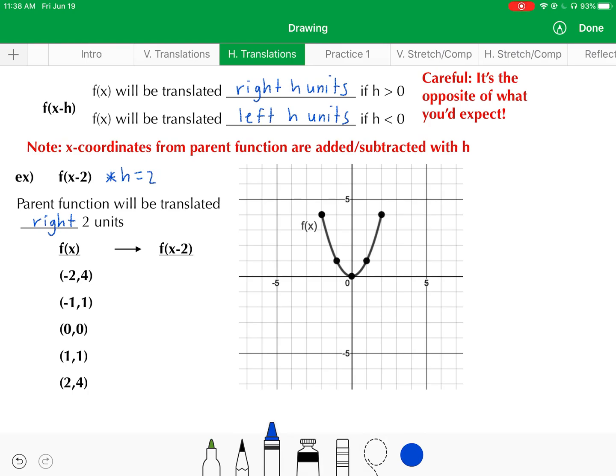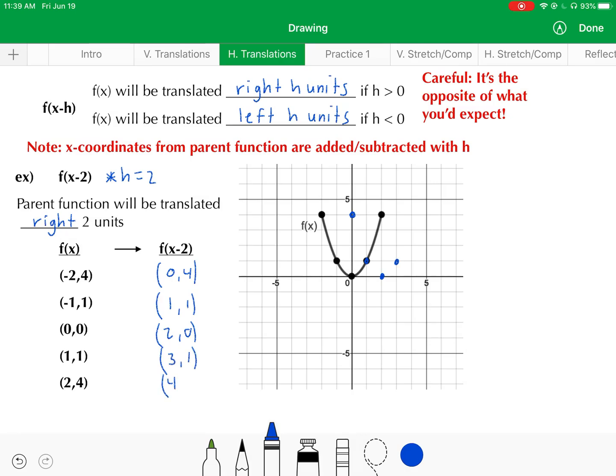Okay, so the point of negative 2, 4 is going to turn into 0, 4. Negative 1, 1 will become 1, 1. 0, 0 will become 2, 0. 1, 1 will become 3, 1.